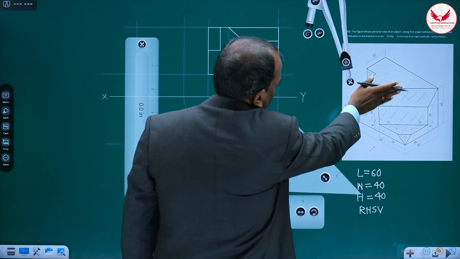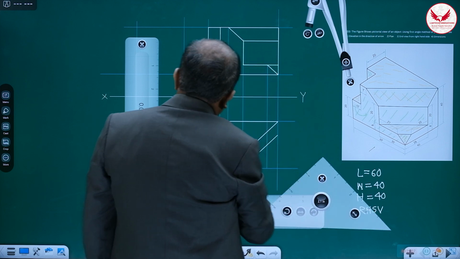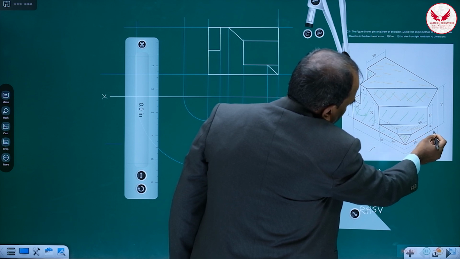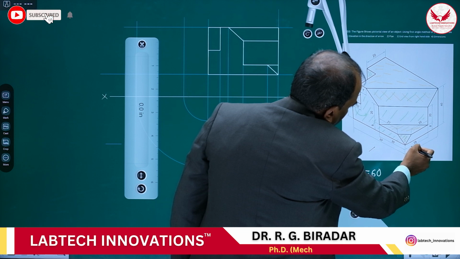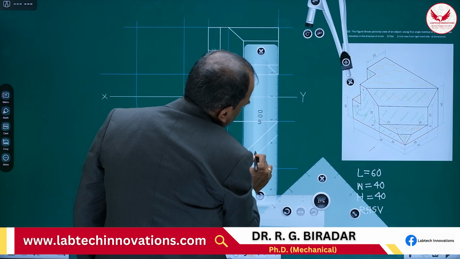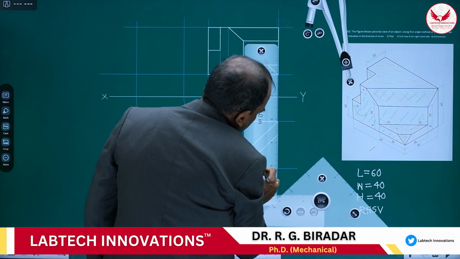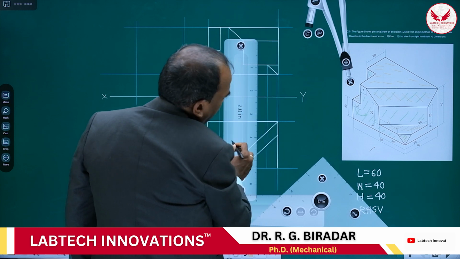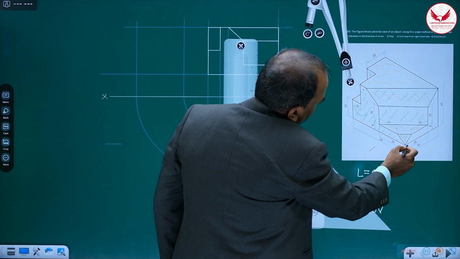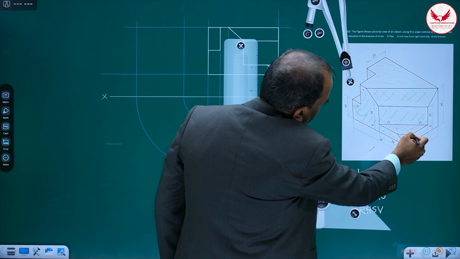Then afterwards, whatever this portion is there, it is vertical. And in the top view, from this side, how much do we have to mark? So this overall line is complete. So first you mark this line, and on this line, in the top view, see it. So this is 28, means it is 12, and after 12, 20, means 32.